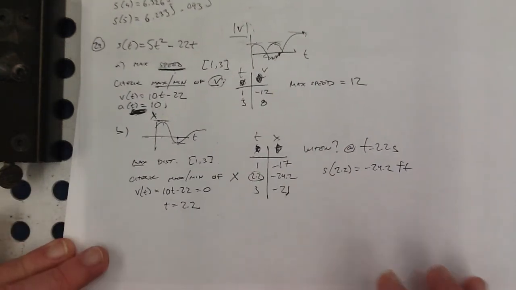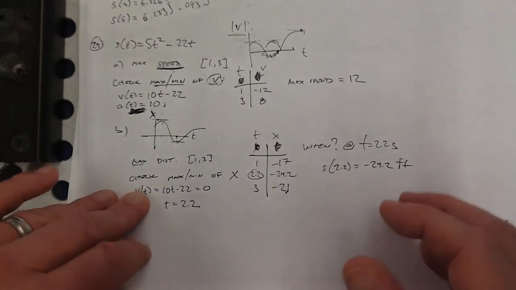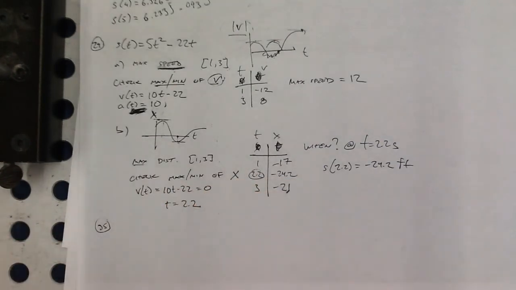And last problem from this section is number 35. Let's see. Suppose that the position functions of two particles P1 and P2 are those things given there. Prove that they don't collide.